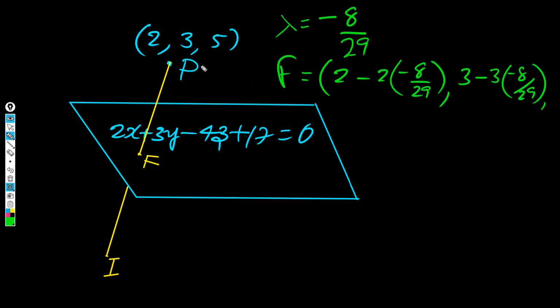Next, z1 is 5: 5 minus c lambda, that is plus 4 into minus 8/29. That's it.